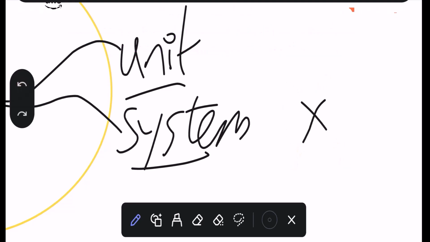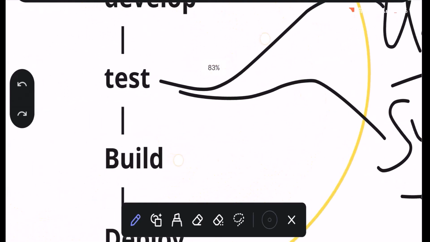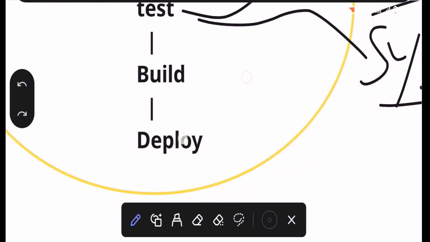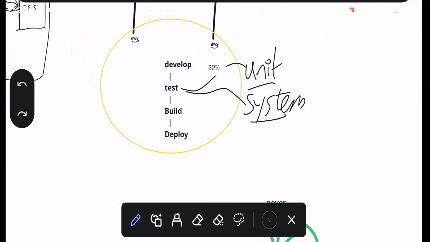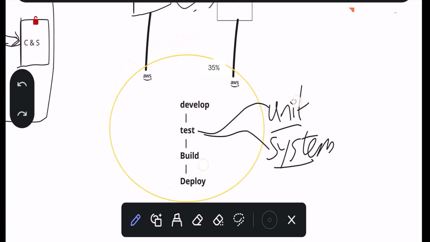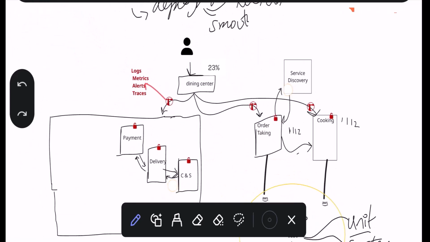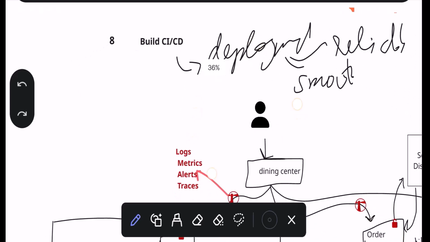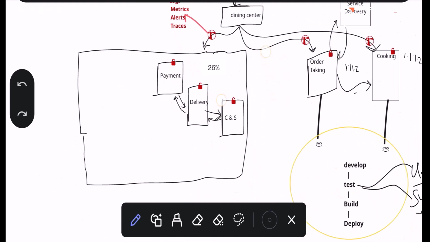After all these tests are passed, we make a build and then we deploy it, so that our deployments are smooth and independent. And we use Docker and Kubernetes for this purpose, as I told you in the components part of the video.